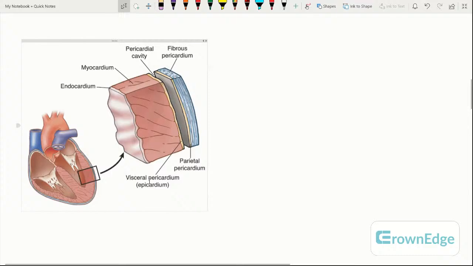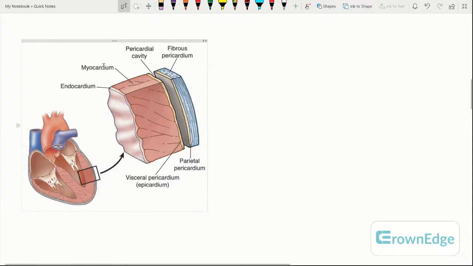First is the visceral pericardium, that is also known as epicardium, right? And then the parietal pericardium. Whenever we talk about visceral and parietal layer, remember visceral means it is towards the organ. It will be the inside one. So endocardium is the innermost layer.